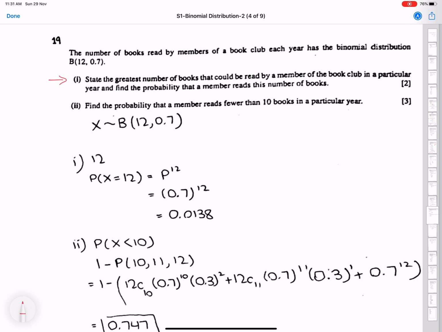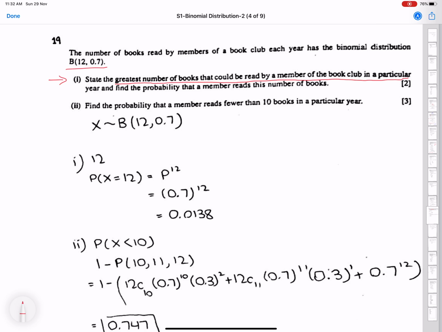The number of books read by members of a book club each year has the binomial distribution. Now the value of n is 12. Now state the greatest number of books that could be read by a member of the book club in a particular year and find the probability that a member reads this number of books. So greatest number of books.